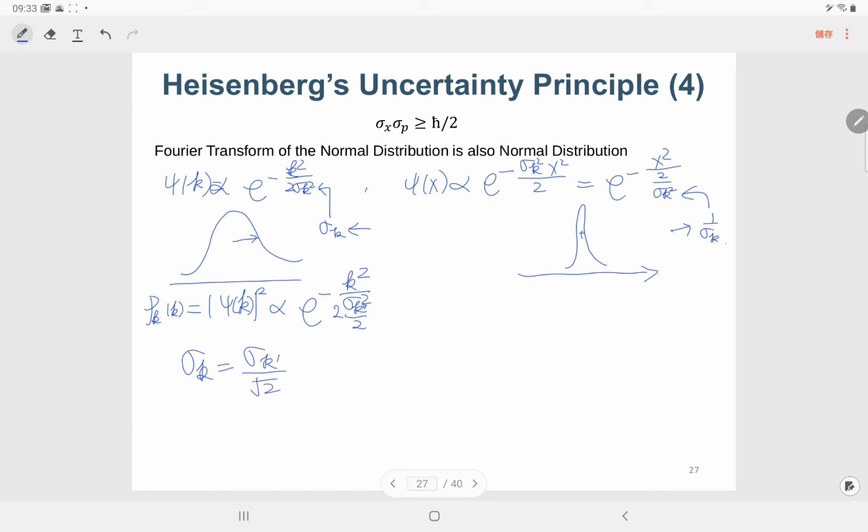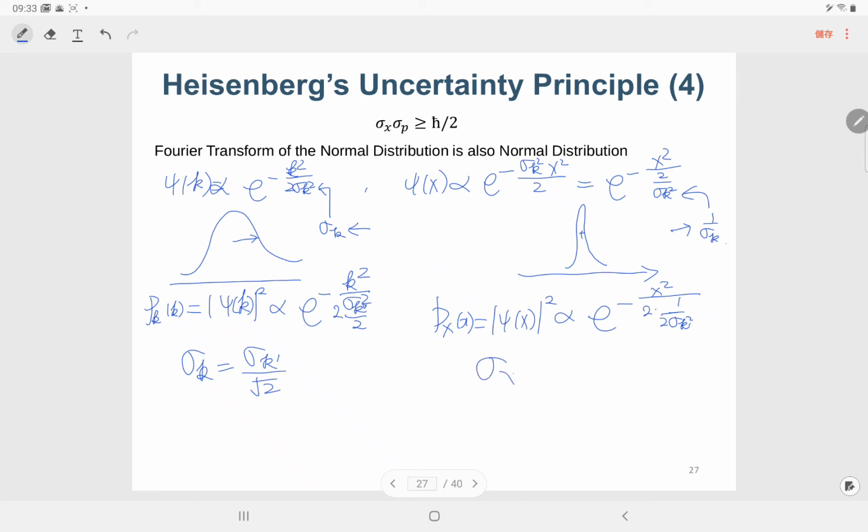And for this case, p of x is proportional to this stuff, which is exponential to minus x squared like this, sigma k prime. And then you can put 2 here and then 2 here.